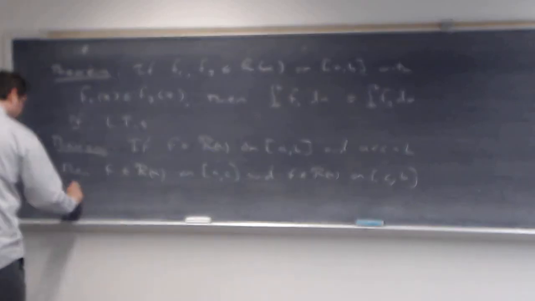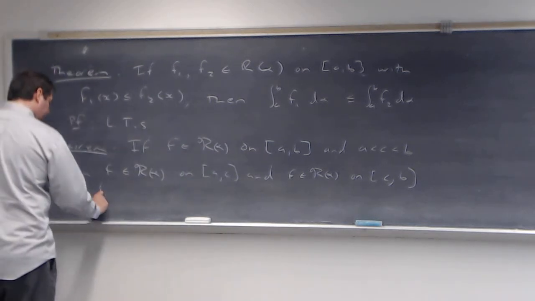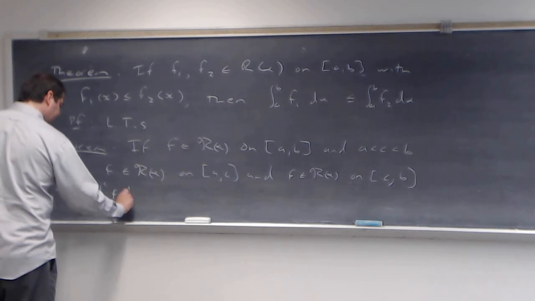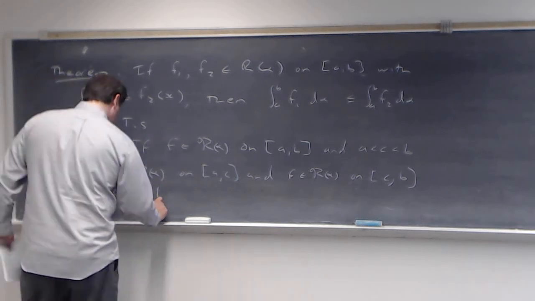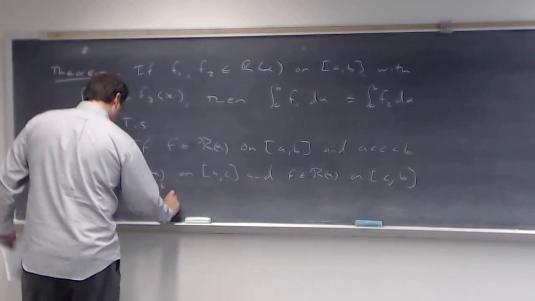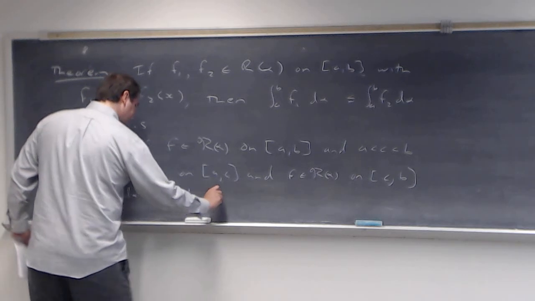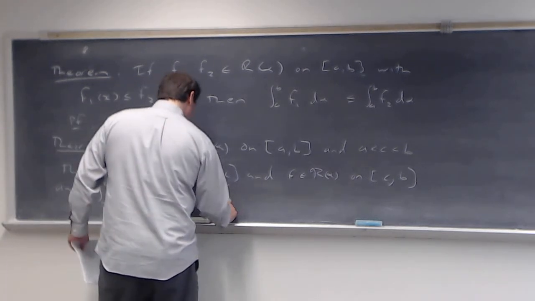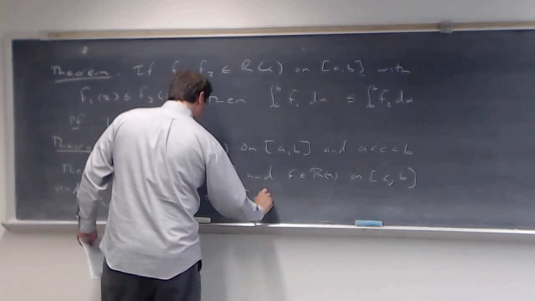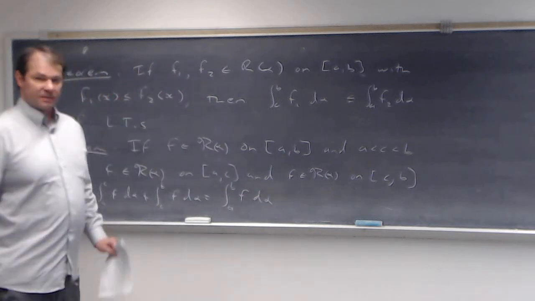Not only that, but also the integral from a to c of f d alpha plus the integral from c to b of f d alpha is going to be equal to the integral from a to b of f d alpha. This is something I'm going to prove.